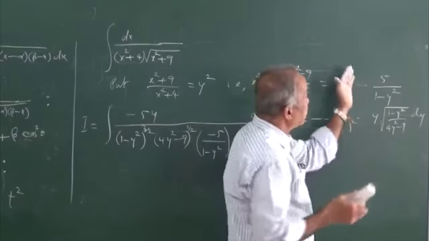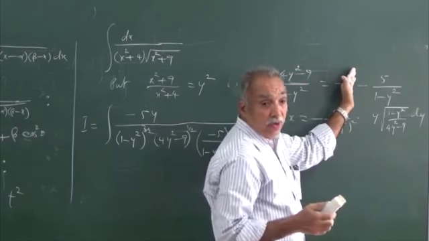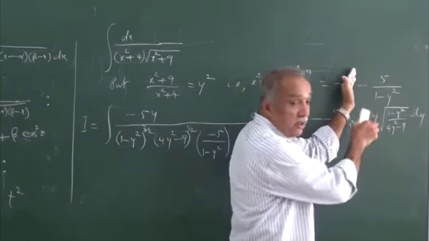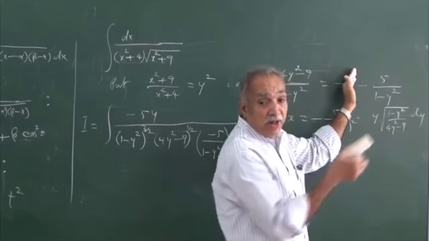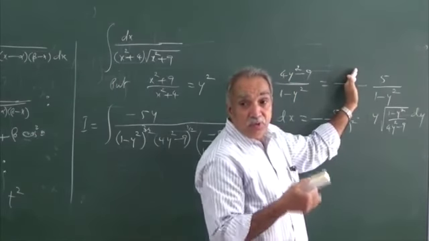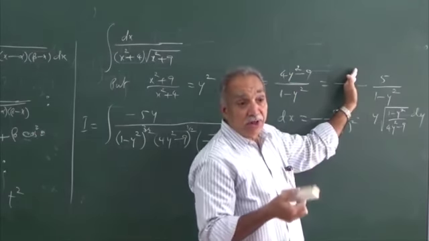That means this plus 5. This is 5 by y square minus 1 plus 5. Add 5 to it.